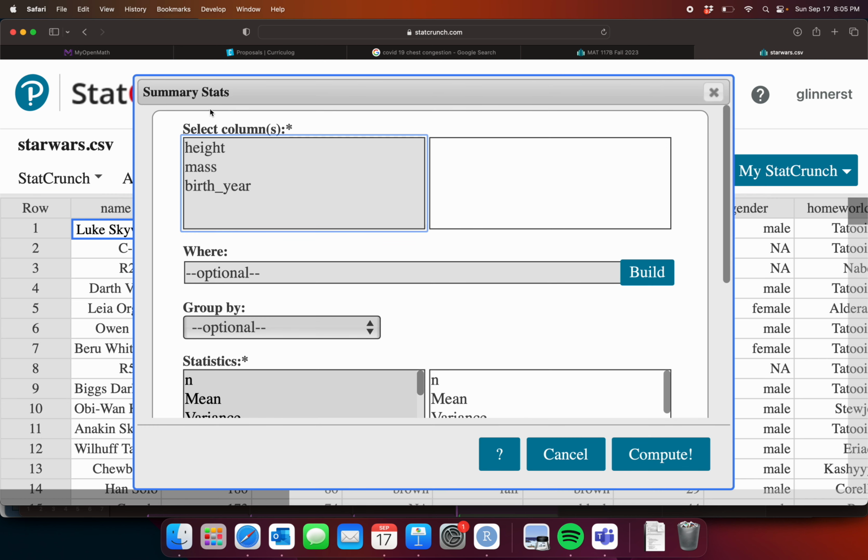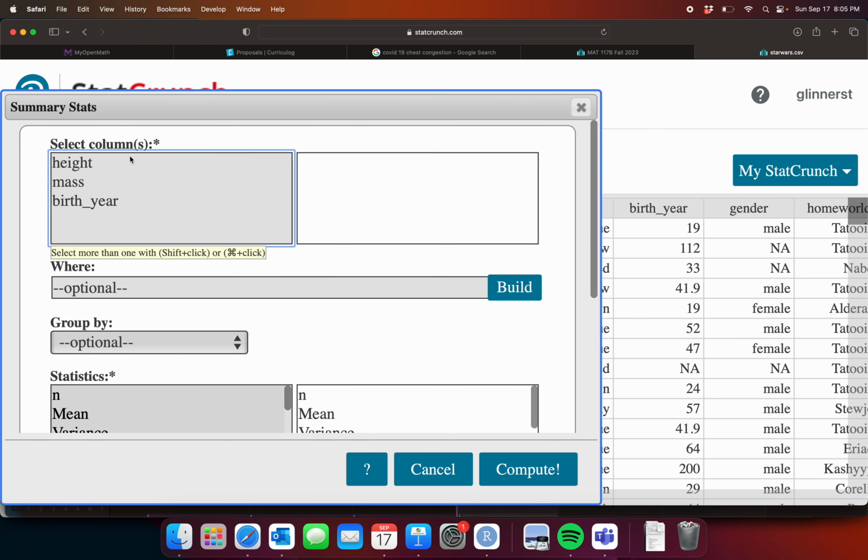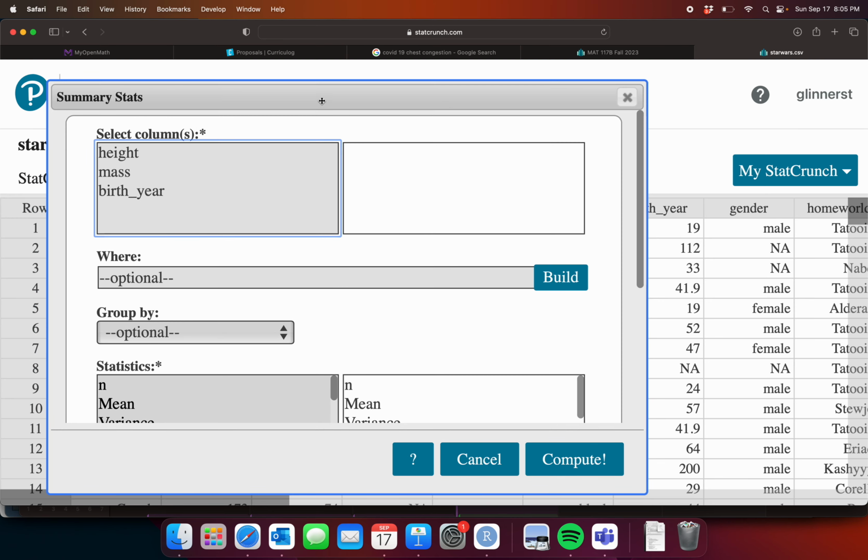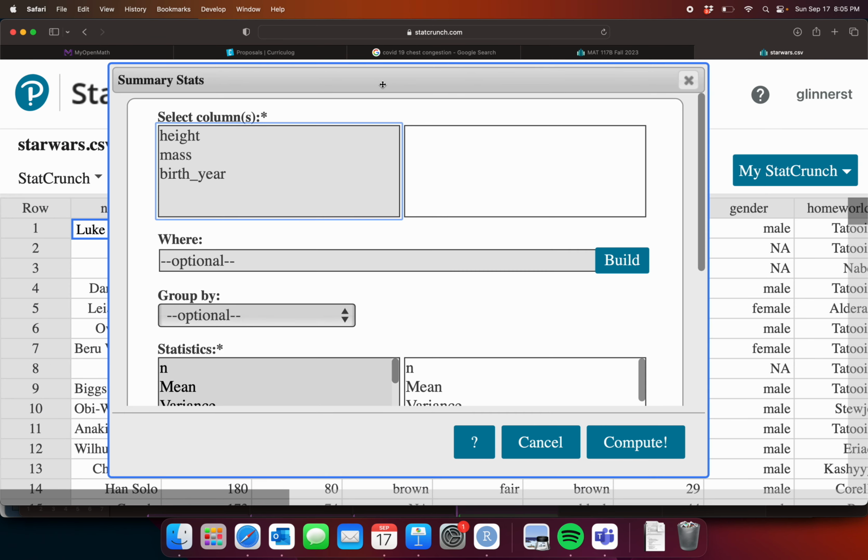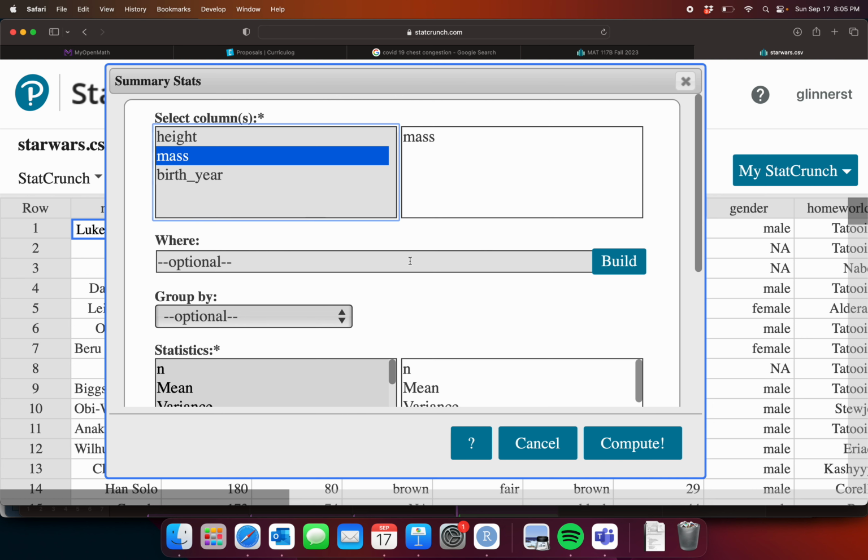It's going to ask which of the columns you want to summarize. Notice that StatCrunch is smart, and it doesn't give you all of the columns because not all of them are quantitative. It only gives you the ones that it detects are quantitative, which are height, mass, and birth year. So I want to do mass.